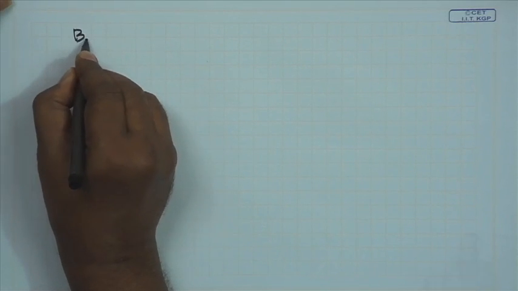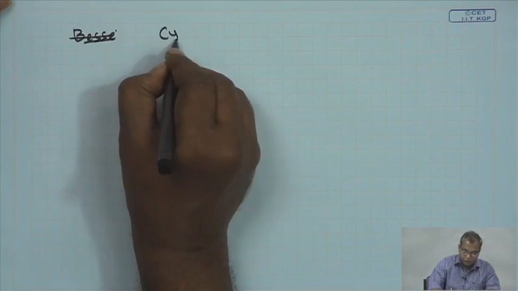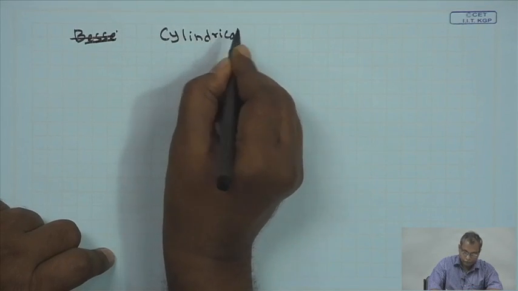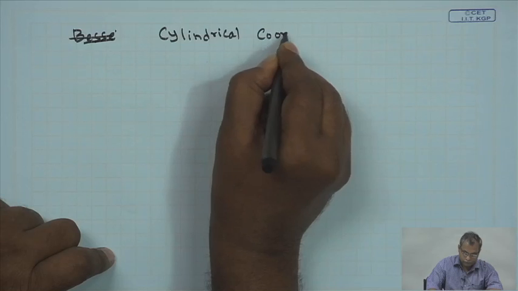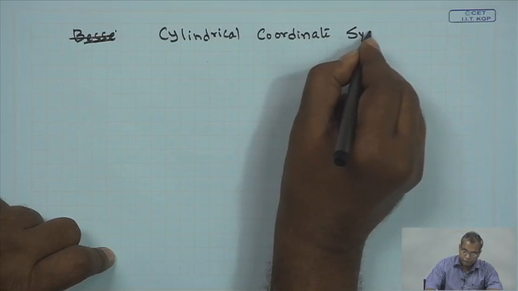Now, let us look into the Bessel equation. This will be basically for the cylindrical coordinate system.